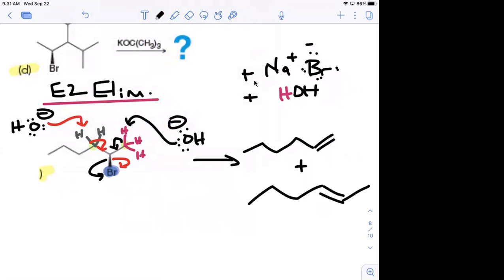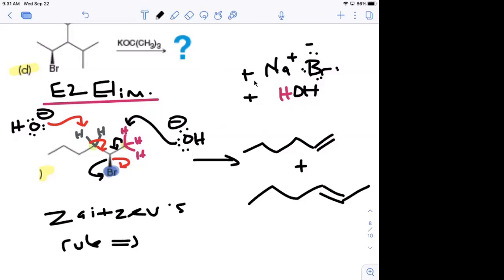But the question asks for which one is major. Now, how do we predict which is major and minor? What's the rule? I don't care if you say it wrong, just say it. Zaitsev's rule, yep, that's the one. Good. What does that rule say about eliminations?